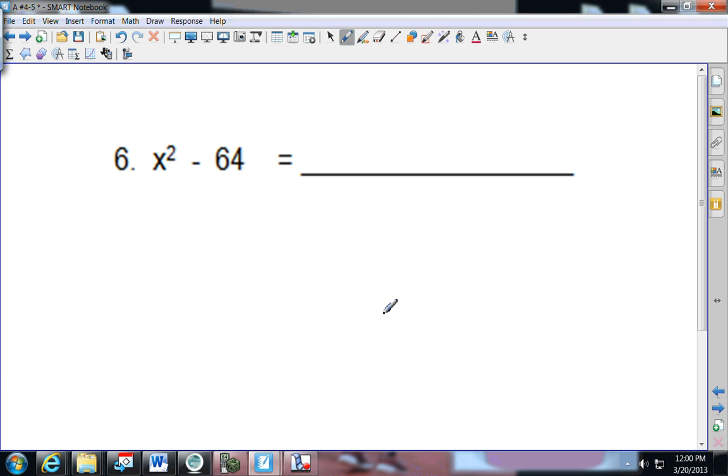Number 6. It is 2 terms. I have a minus sign in between it, so I'm going to split it up with a plus and a minus. X squared splits up as x and x, very simply. 64.